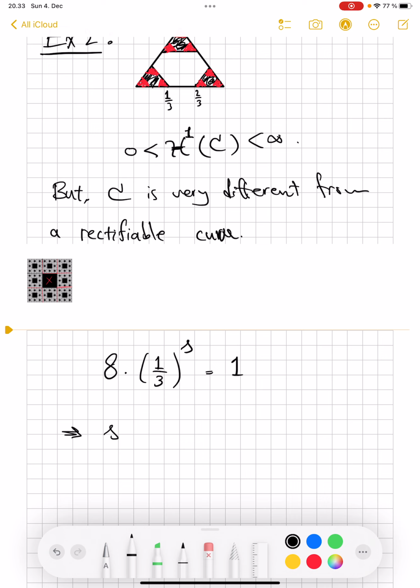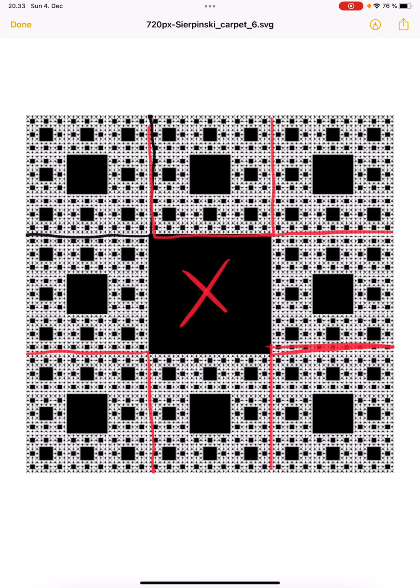From this you get that S has to be log 8 over log 3, which is strictly less than 2, but also bigger than 1. So what you end up with is some set which is bigger than curves. Its dimension is strictly bigger than 1, but also it doesn't cover any area. Its Lebesgue measure in particular is 0, but also it's even less than that. The dimension is strictly less than 2.